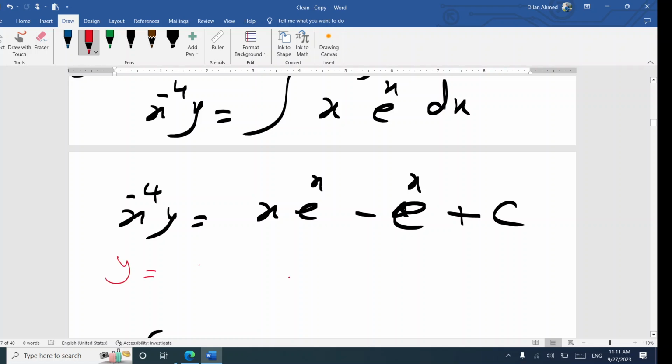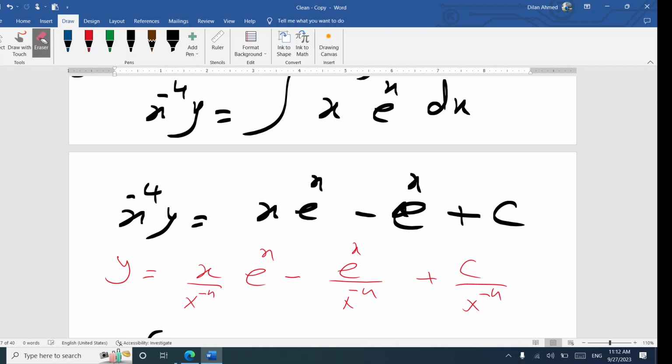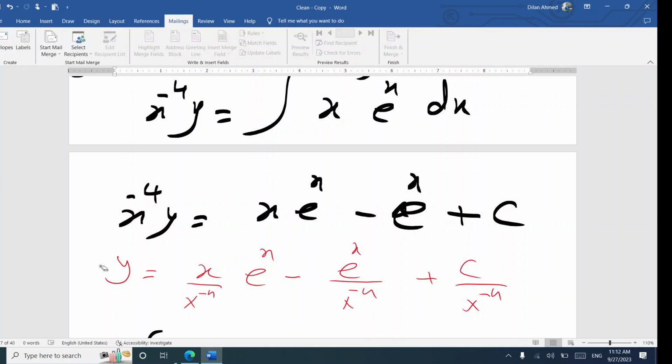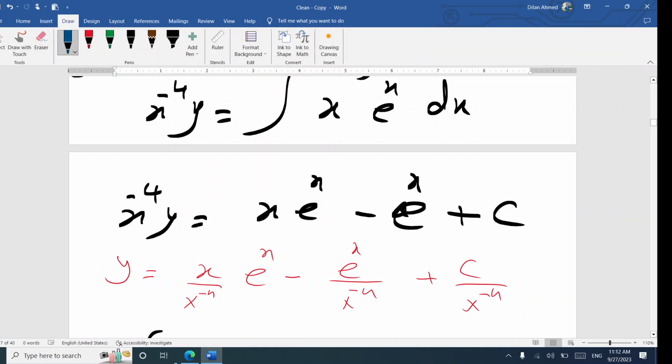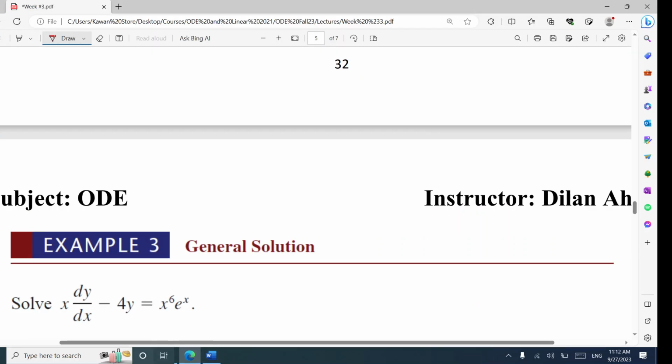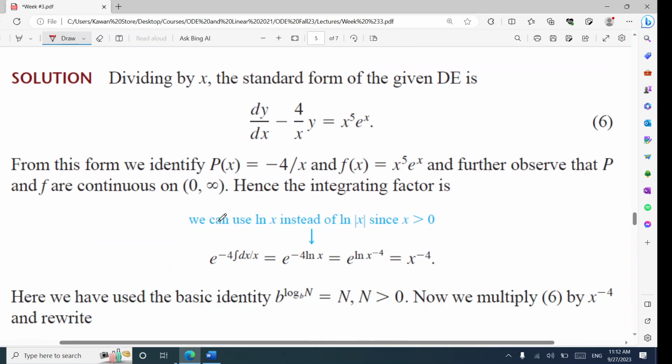Multiply by x to the power 4: y equals x to the power 5 e to the power x minus x to the power 4 e to the power x plus c x to the power 4. That is your result.